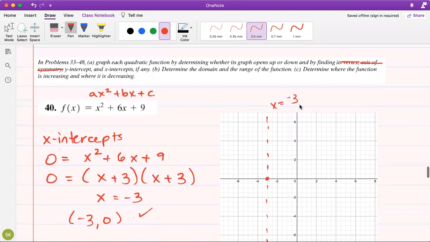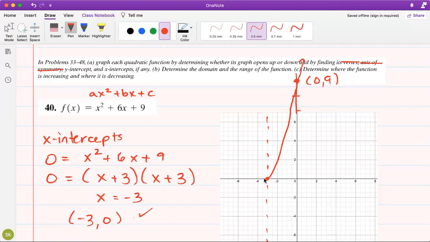Okay, so I'm going to have to go up outside of this. So 7, 8, 9. 0, 9 is the y-intercept. So that tells us that the graph looks like this.